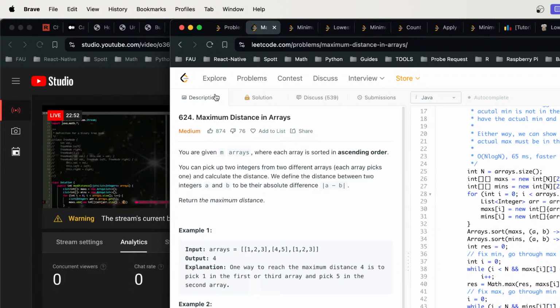Which part is slow? Well, the part that's slow may be here, because we have to go through every single one.